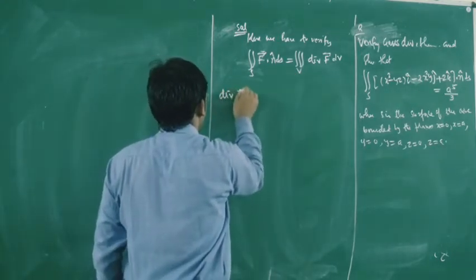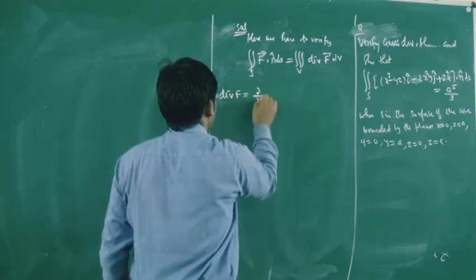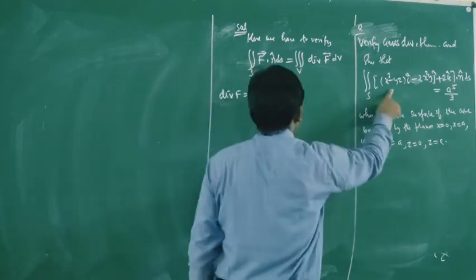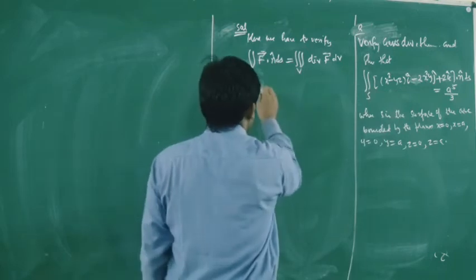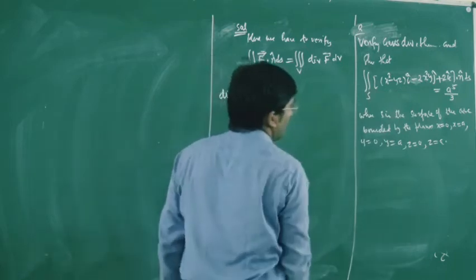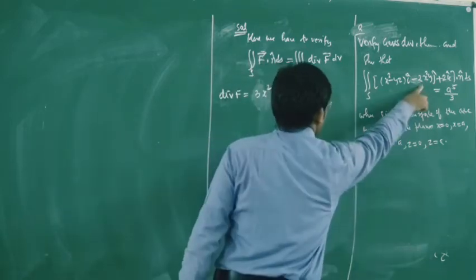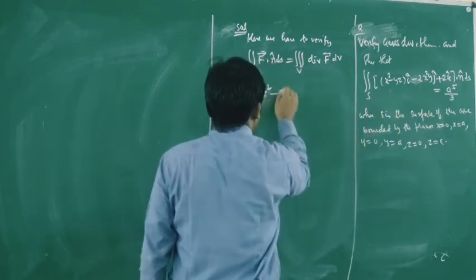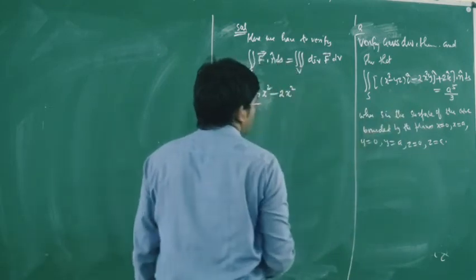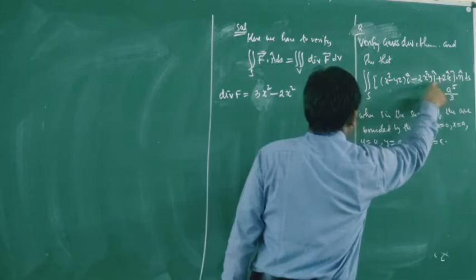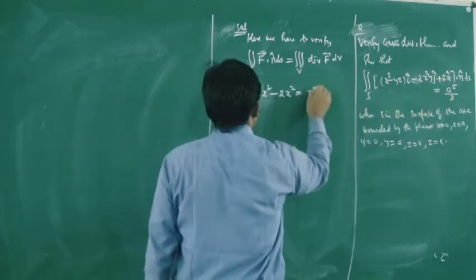Now your divergence f will be del by del x of the first component of f, which is 3x square. Then del f upon del y, that means we have minus 2x square. Then del by del z of the third component, which is 0. So this is equal to x square.